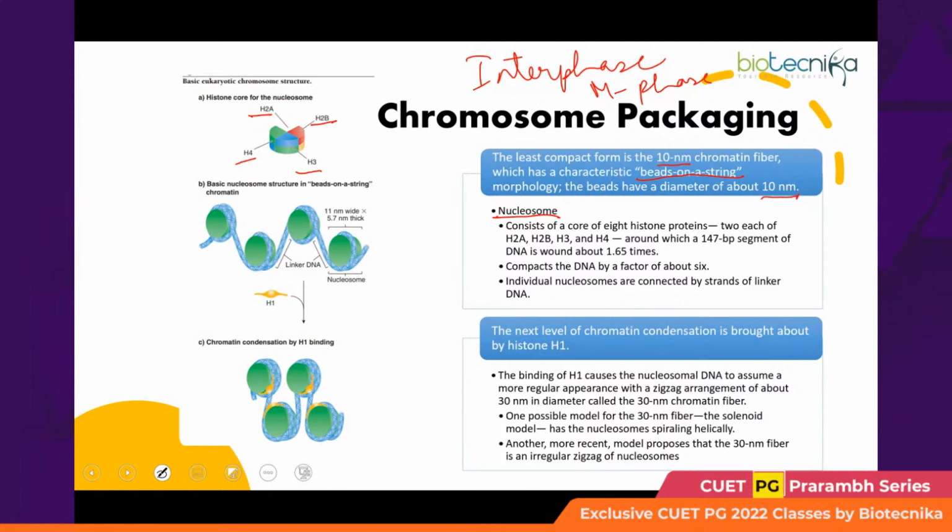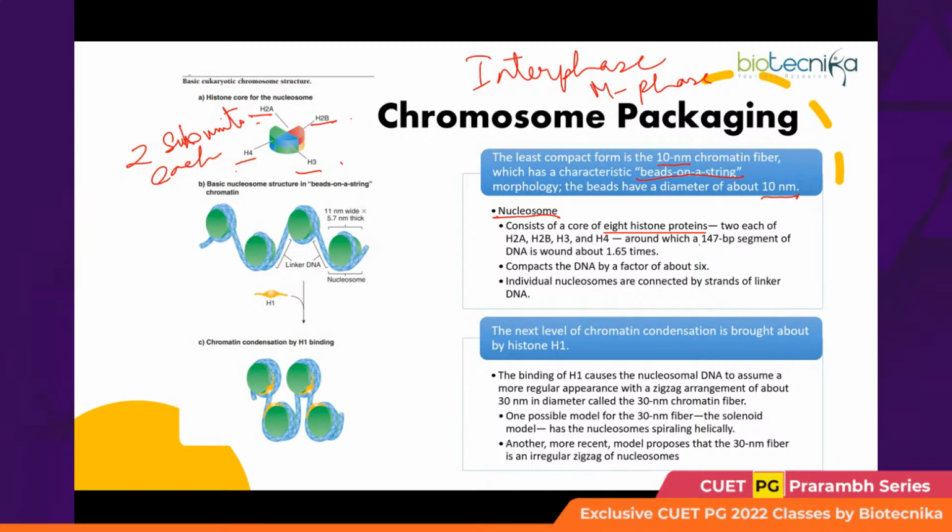Okay, so two subunits each of H2A, H2B, H3 and H4 are present. So this nucleosome core is actually an octamer. It consists of a core of 8 histone proteins, that's why it's an octamer, 2 each of H2A, H2B, H3 and H4.